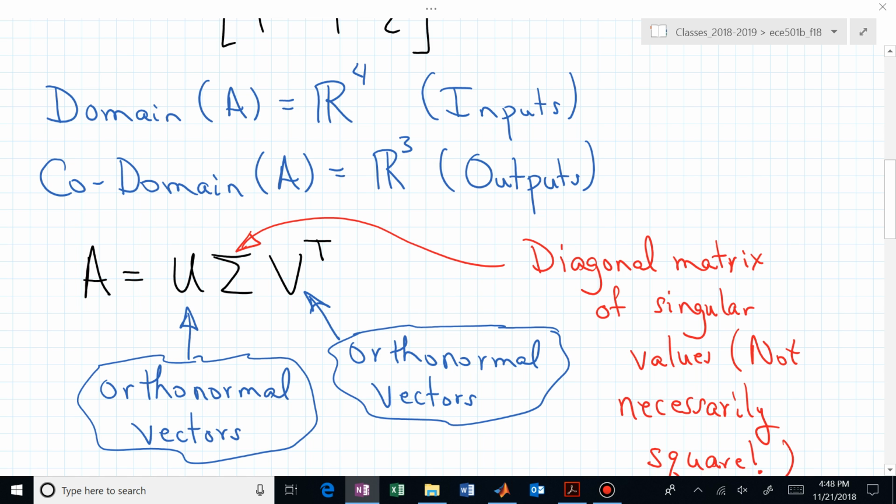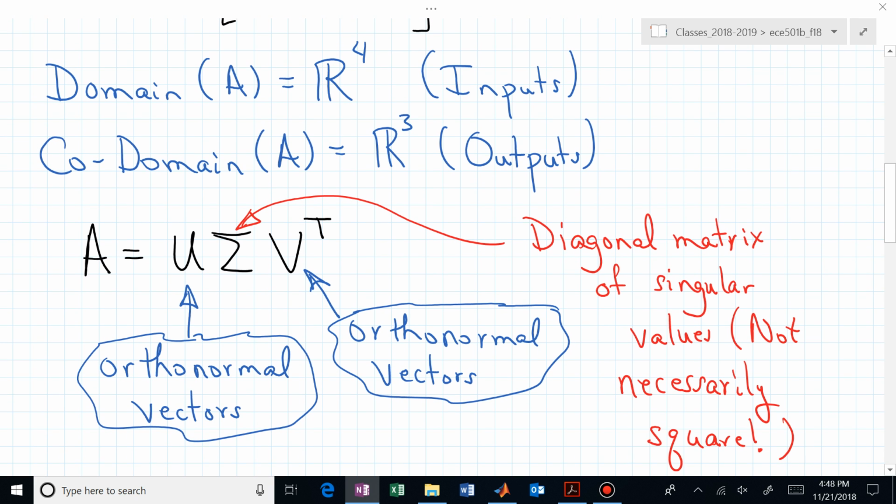They're orthonormal vectors. We have orthonormal vectors in U. We have orthonormal vectors in V. Sigma is a very nice matrix. It's a diagonal matrix, with only non-zero entries on the diagonal, and some of those could be 0, but sigma is a diagonal matrix that doesn't have to be square.